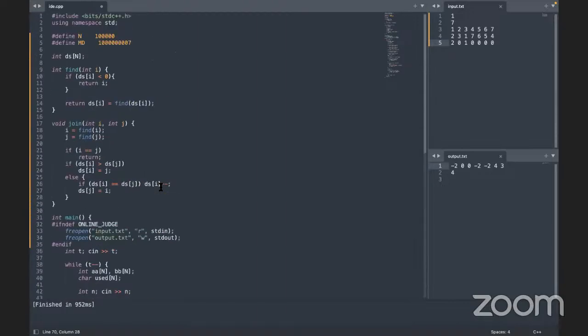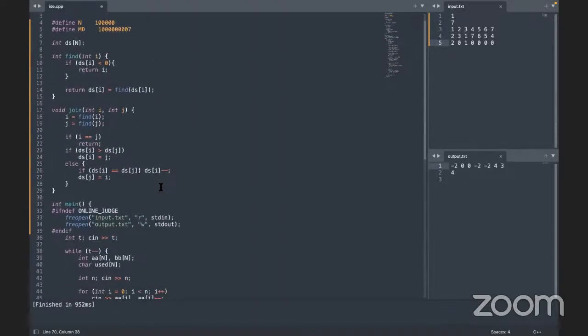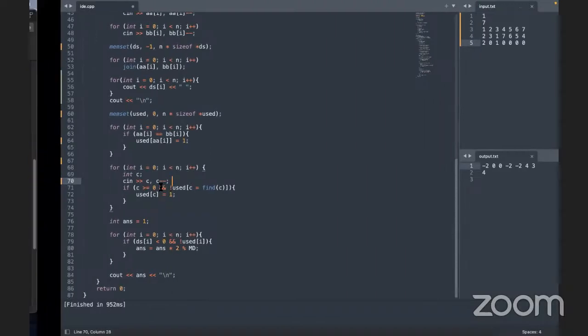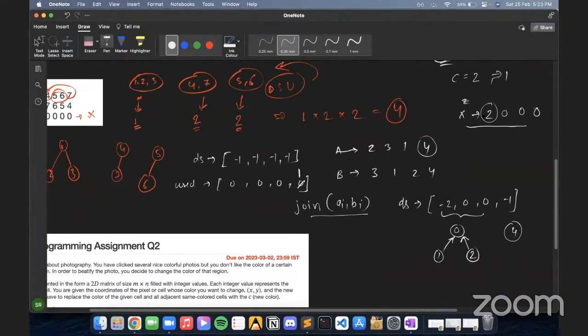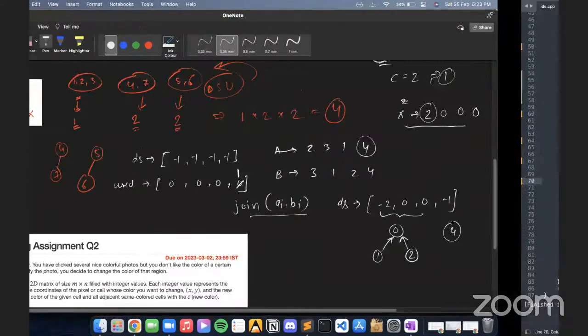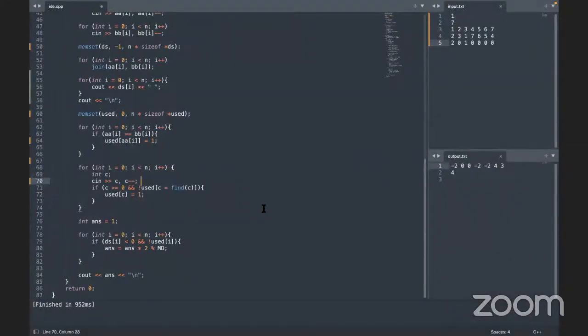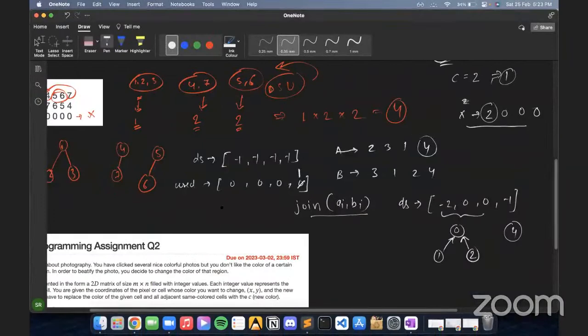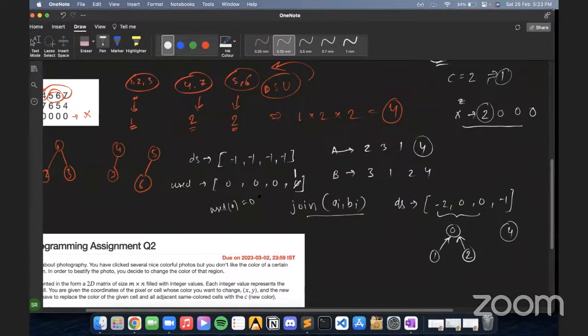And when we call the find operation for the index 1, for 1, we know it's going to return 0 over here. And used[0] is equal to 0, right?